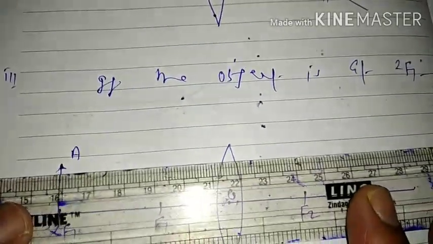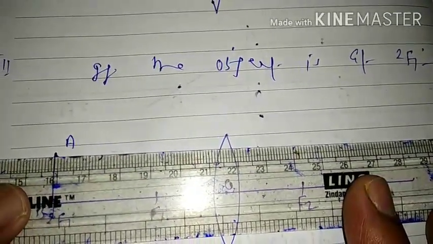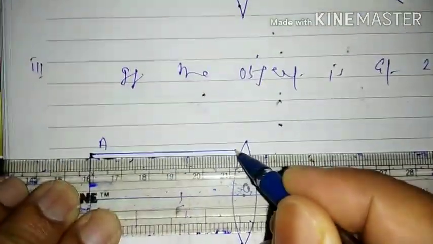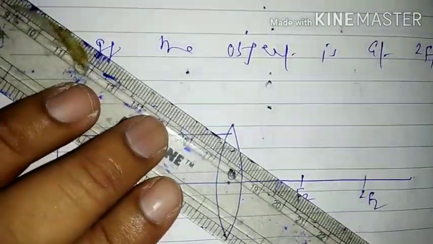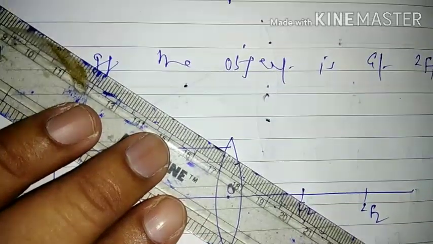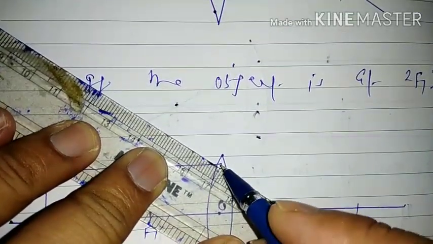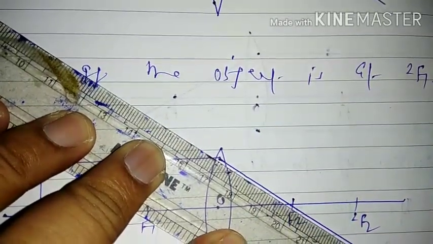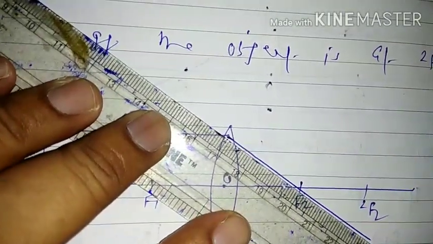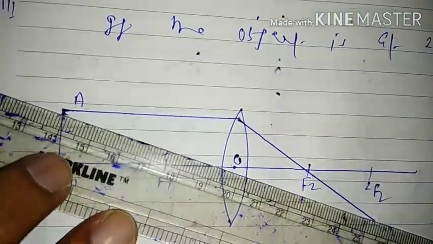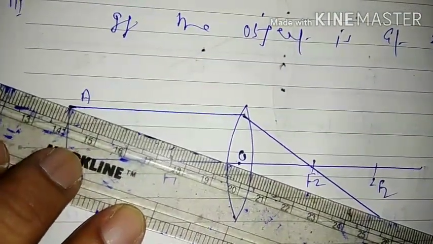Once again we take one ray parallel to the principal axis. The ray parallel to the principal axis, after refraction, passes through its focus f2. And now the ray passing through optical center does not change its direction.